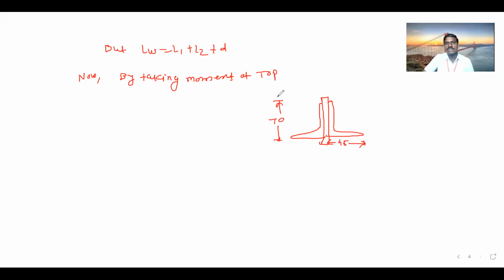You have decided 70 side is the connected leg and 45 is the outstanding leg. As per your decision, whoever is the construction engineer on site will connect the 70 side as the connected leg and keep the 45 as the outstanding leg. Okay.